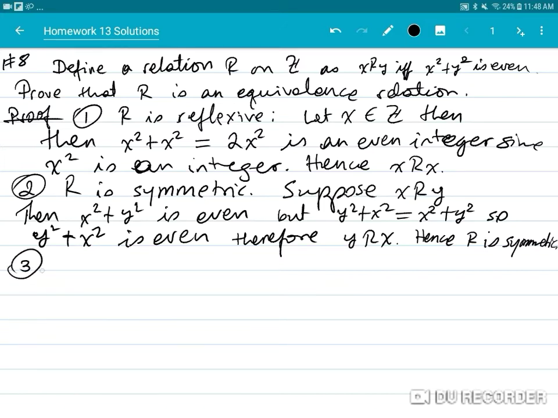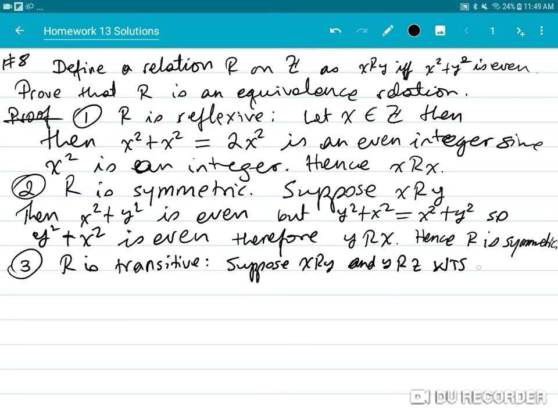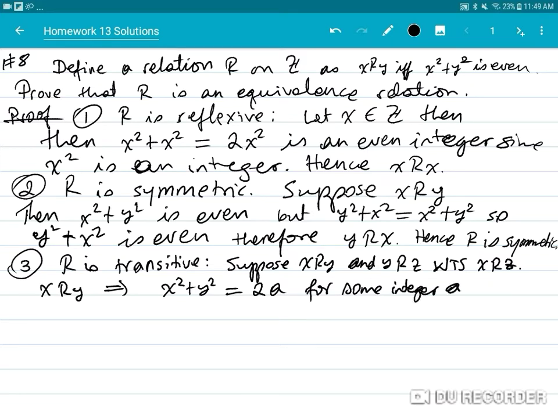Third one is to show that R is transitive. For this, we suppose that x is related to y and that y is related to z. And we want to show that x is related to z. Okay? So what does x related to y mean? X is related to y means x squared plus y squared is even. So that means it's twice a for some integer a.